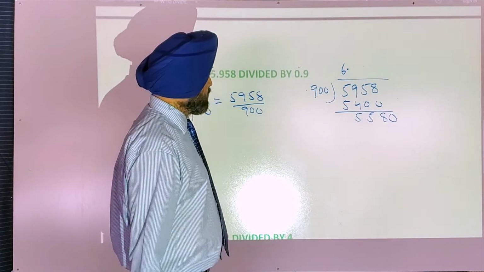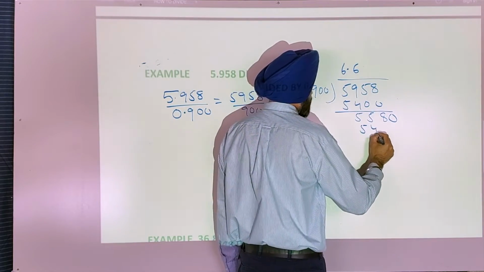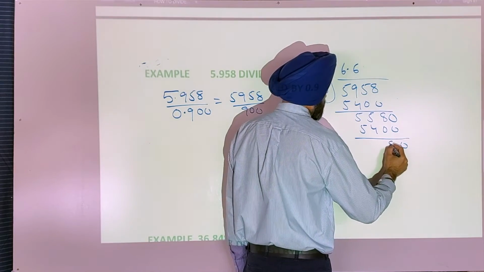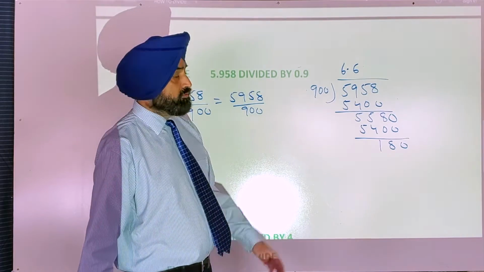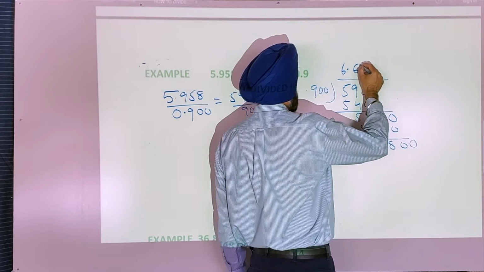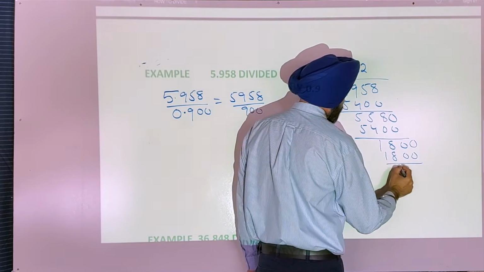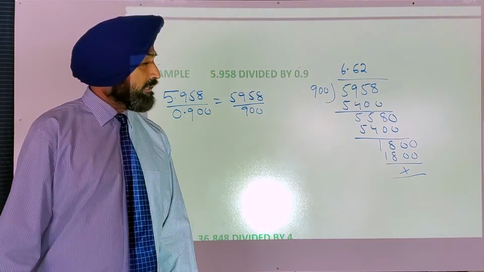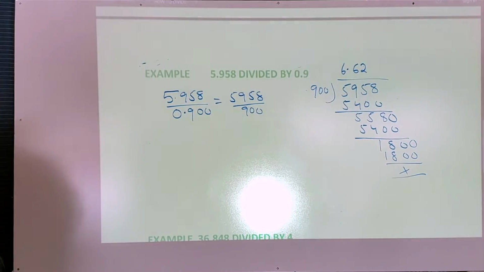Now 9 times 6 is again 5400. Subtract, we get 180. No number left, so you can put one more extra 0 here. 9 times 2 is 1800. That's how we divide, by removing the decimal completely from top and bottom.